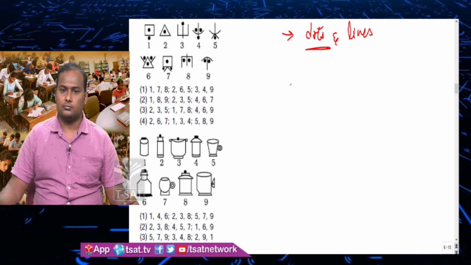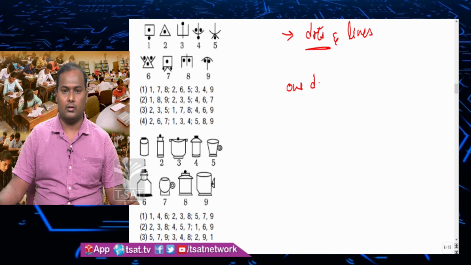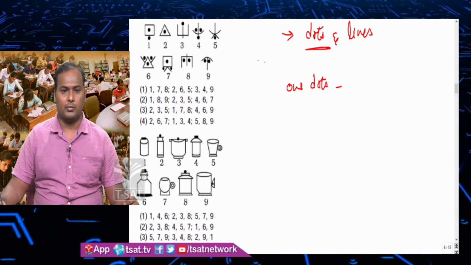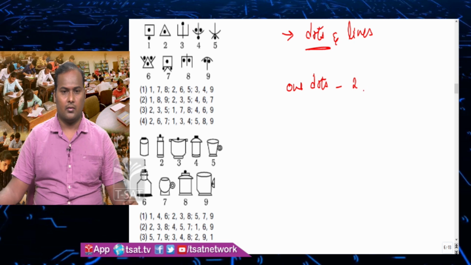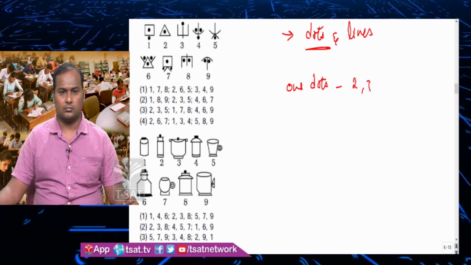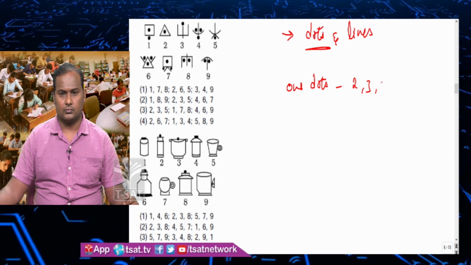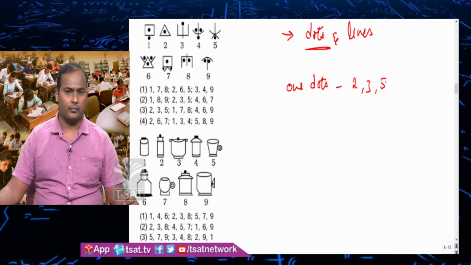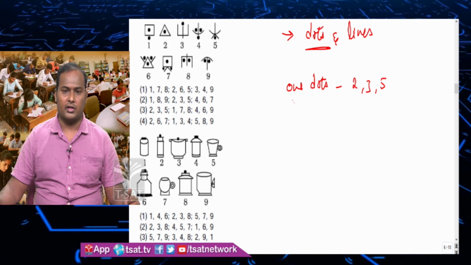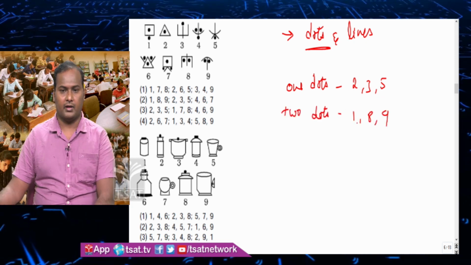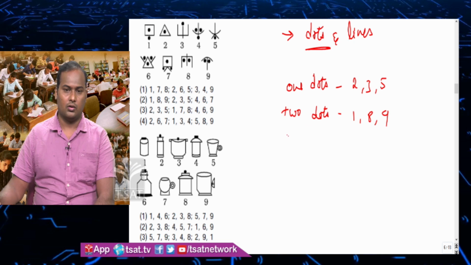So 1 dot. So how many figures are having 1 dot? The moment you see this, figure 2, figure 3 and figure 5. So 2, 3, 5 I can form one group based on dot. Next one is 2 dots. I can classify figure 1, 8, 9 based on 2 dots.